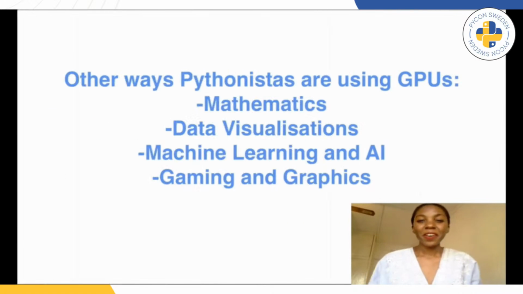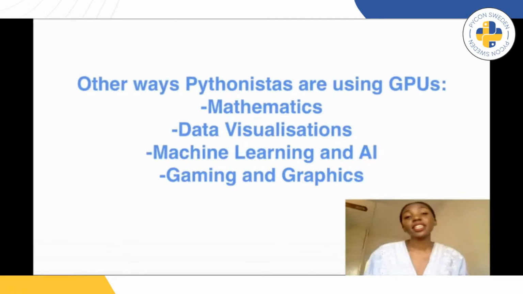Okay, so a couple of other fields where people are using Python and GPUs: mathematics, not just with data science, but as a whole is quite a large field where people are utilizing GPUs. Data visualization is another field.